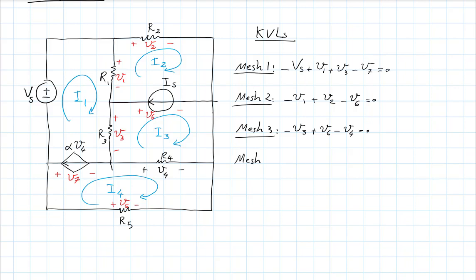Mesh 4: maybe let's say plus V7 plus V4 minus V5 equals 0. That's my KVLs.